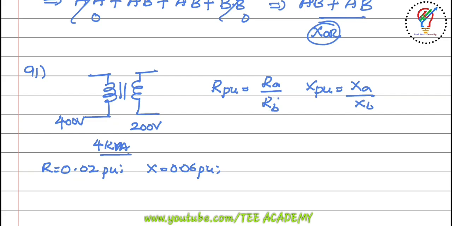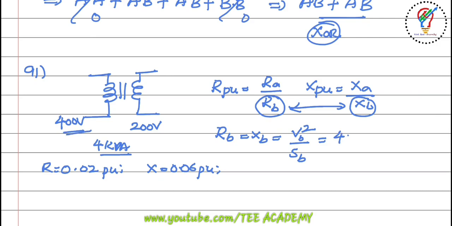Here the advantage of the per unit system is that these two bases are the same. So RB is equal to XB is equal to V base square divided by SB. The VB square should be calculated for the HV side. What is the HV side voltage?